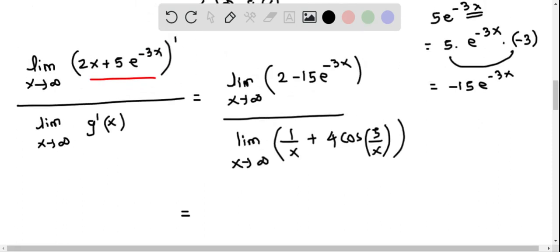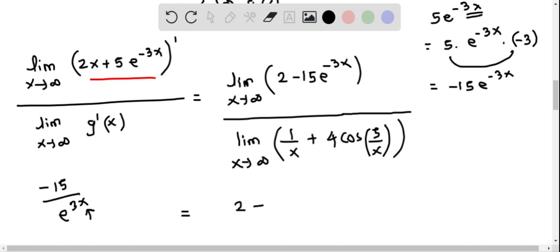That is, we let x approach infinity for both the numerator and the denominator limit. When we do that, we get 2 minus 15 e power minus 3x. I write this e raised to the power of negative 3x as 1 over e raised to the power of 3x, and we let x approach infinity.